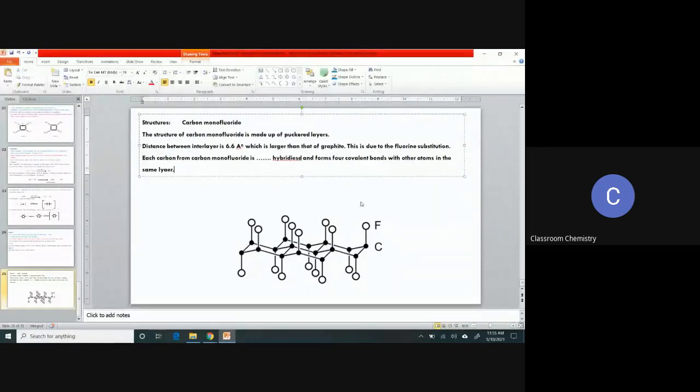Okay, each carbon from carbon monofluoride is hybridized and forms four covalent bonds with other atoms in the same layer.